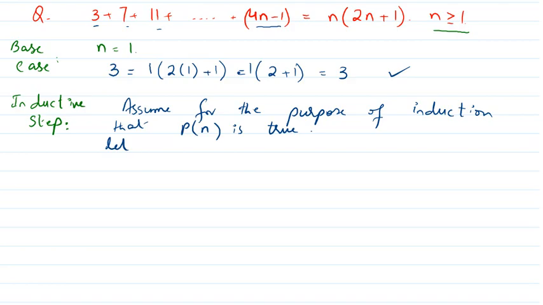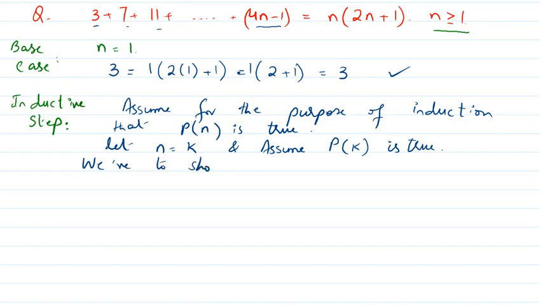So we let n equals to k and assume that P of k is true. Okay? And what we have to show? We have to show that अगर P of k true है, then it also holds, P of k plus 1 is true. Okay जी. Now starting, just replacing n with k.